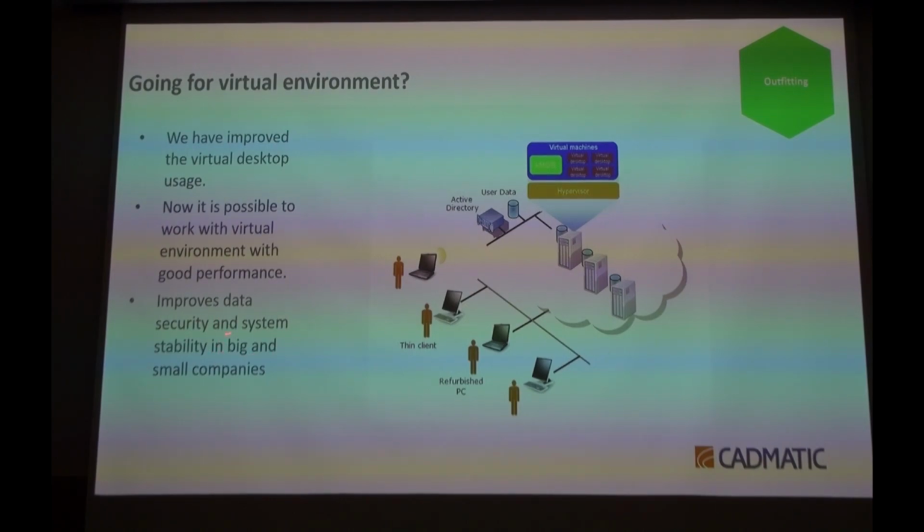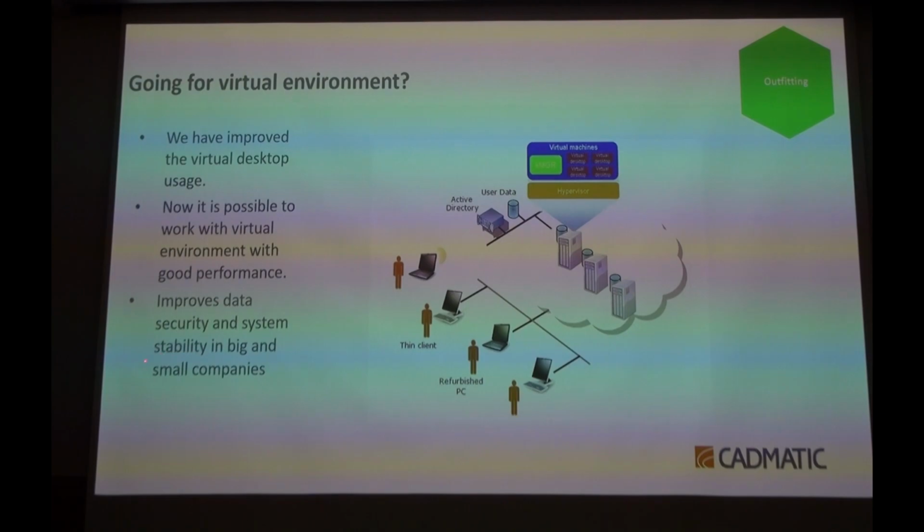Also for big and small companies. Big shipyards maybe already have this one. They will have a lot of cost savings because this is the only thing where they are pushing money. These can be very cheap old terminals. Very big savings, much easier for IT.